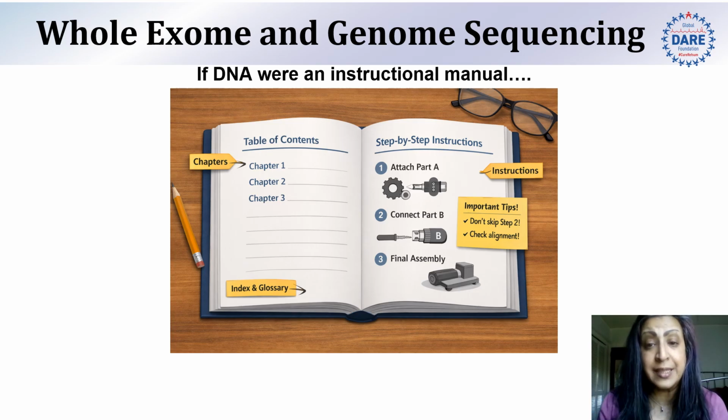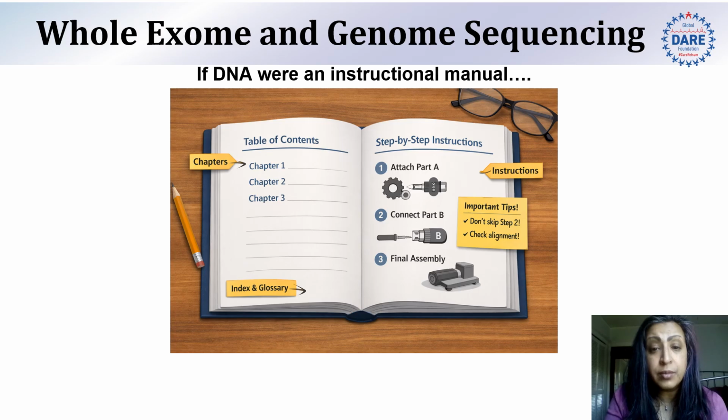In this case, it's a protein or a number of proteins. It's also important to recognize that there's more to that instruction manual than just the specific instructions. Oftentimes in these instruction manuals, we see chapter designations, an index or a glossary of terms, and sometimes there are tips or hints that are included in the margins intended to aid in the instructions themselves.